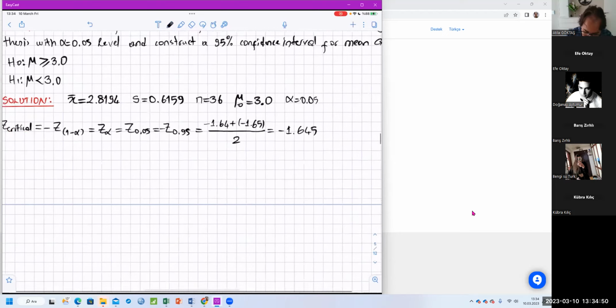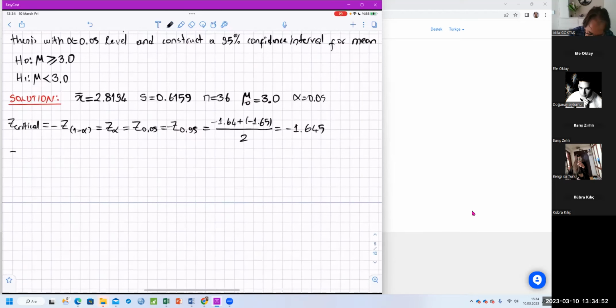So the calculated statistic, remember, equals x bar minus mu null divided by the sample standard deviation divided by the square root of the sample size n.